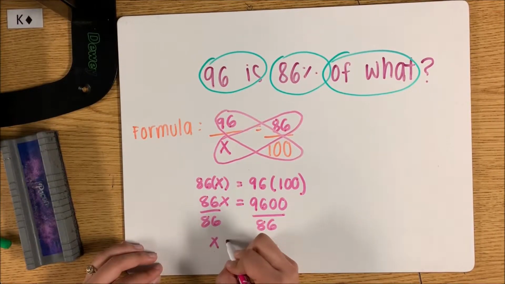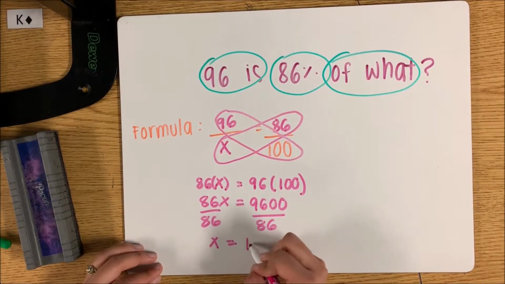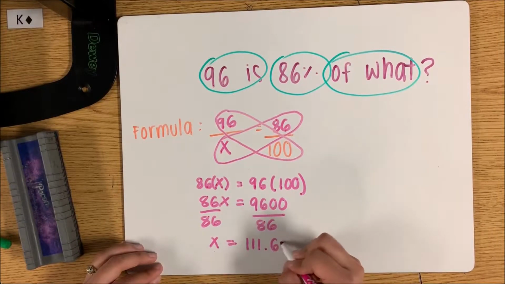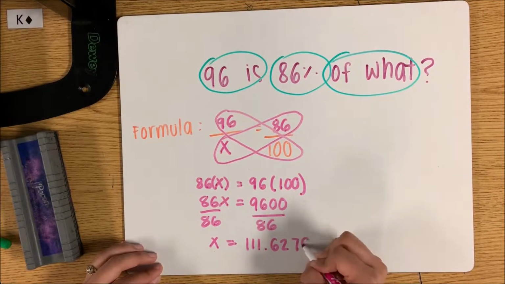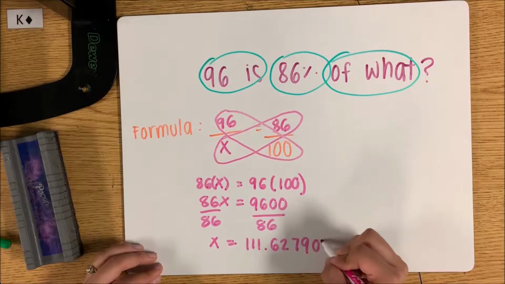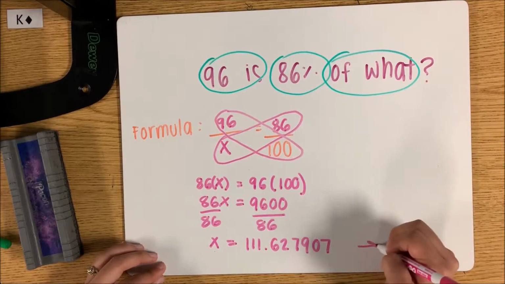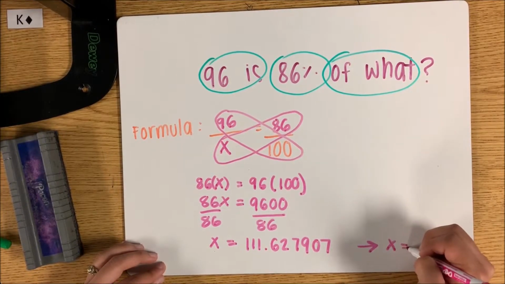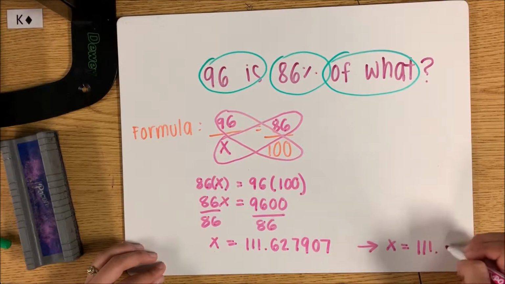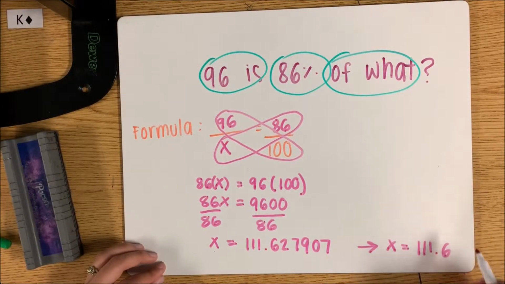After dividing, we are left with x equals 111.627907. Rounding the answer to the nearest tenth leaves us with x equals 111.6.